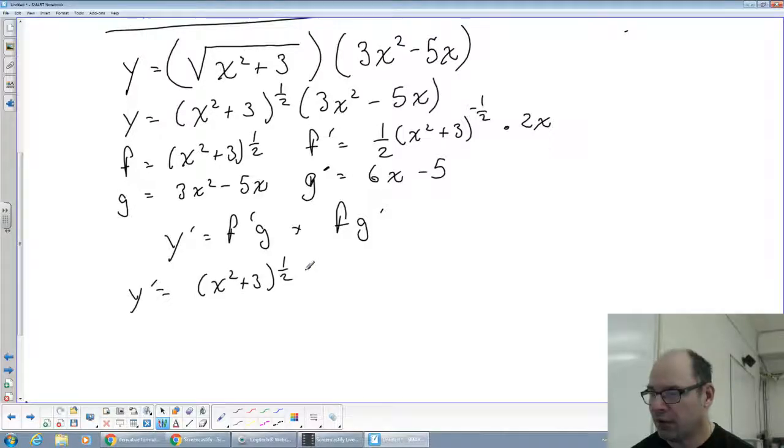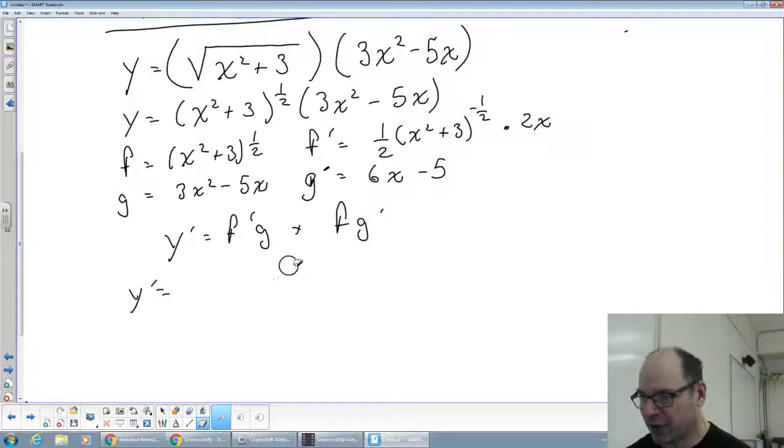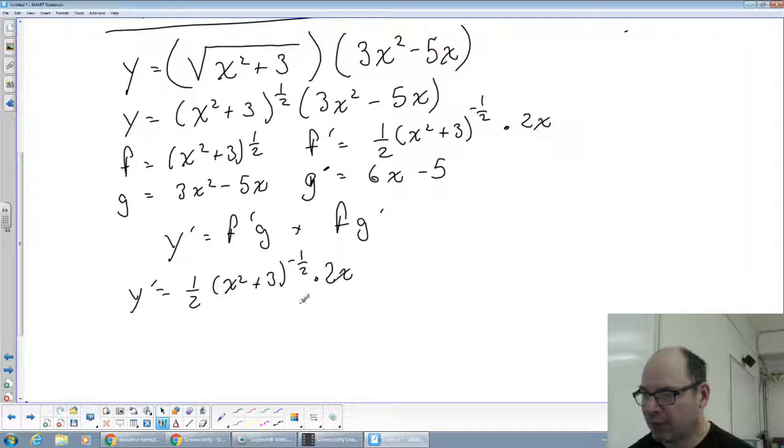Multiply f prime, pardon me. Don't want to confuse everybody right away. Let's start with f prime. That's how I started, but it doesn't really matter because of the plus sign, but let's keep it the way I wrote it down. f prime would have been 1/2 x squared plus 3 to the power of negative 1/2 times 2x. Okay, times g.